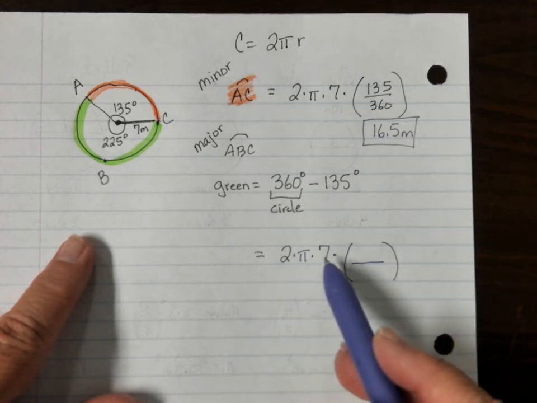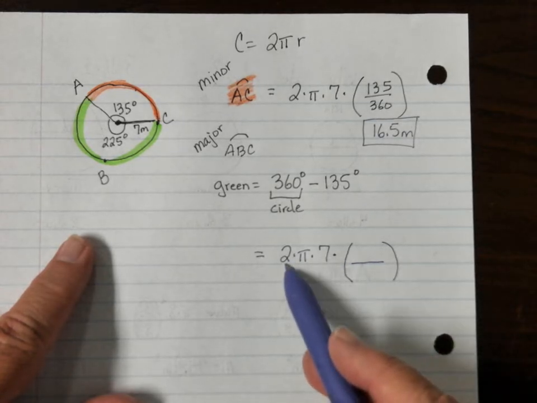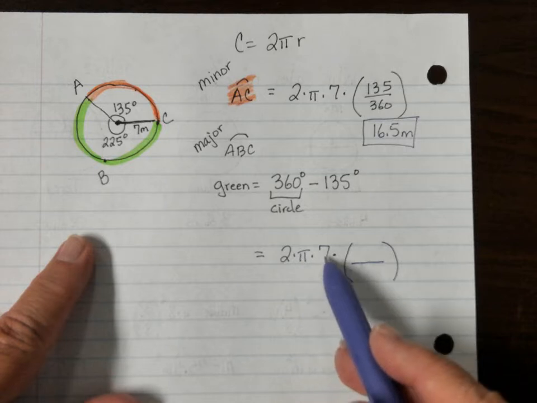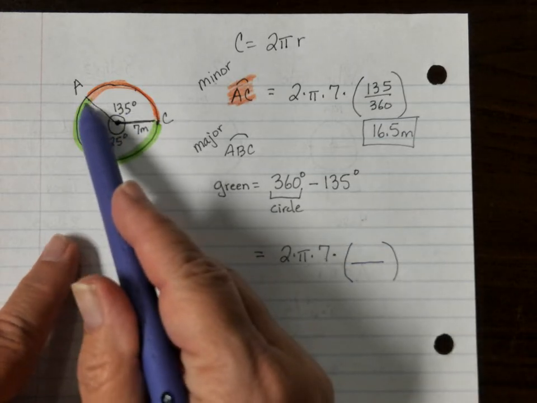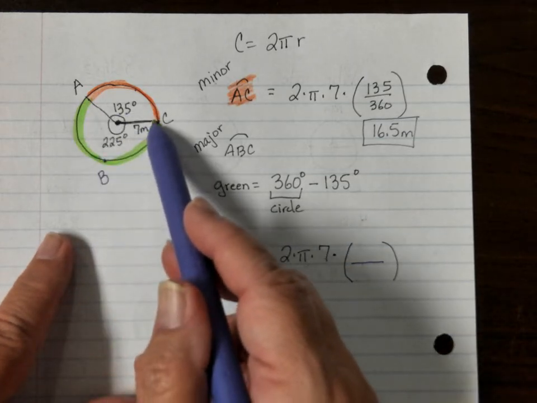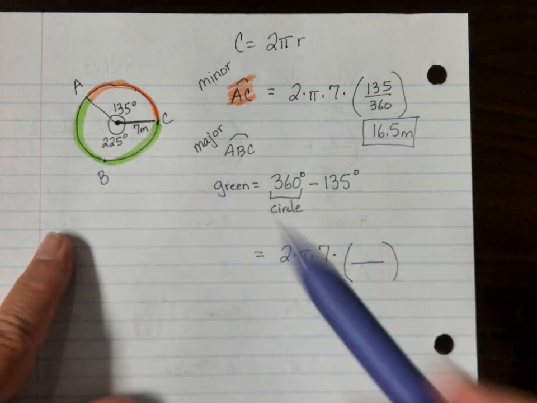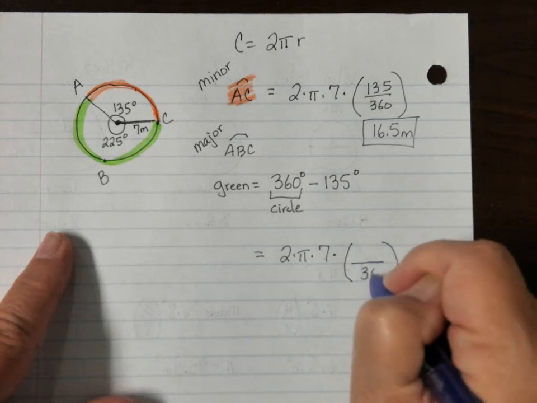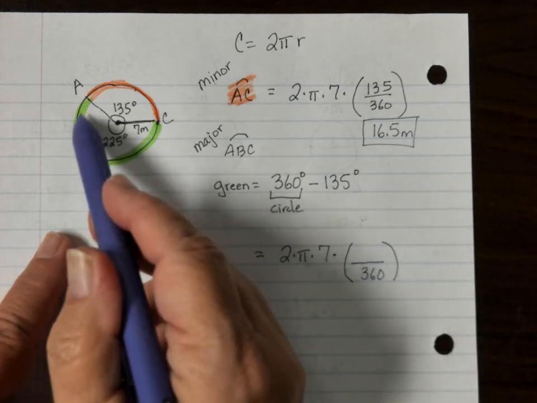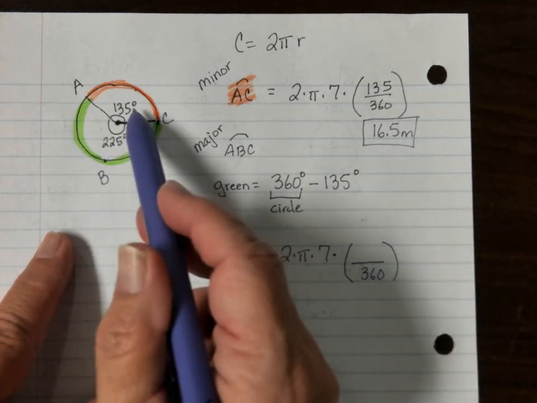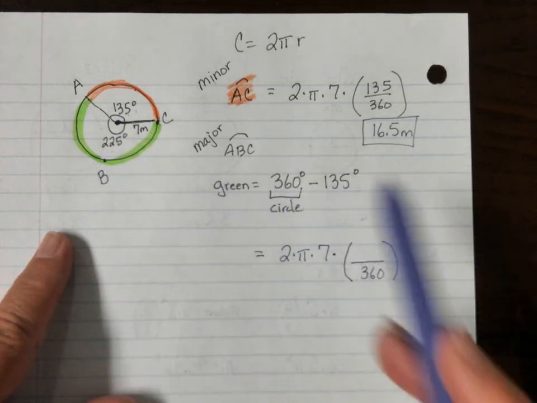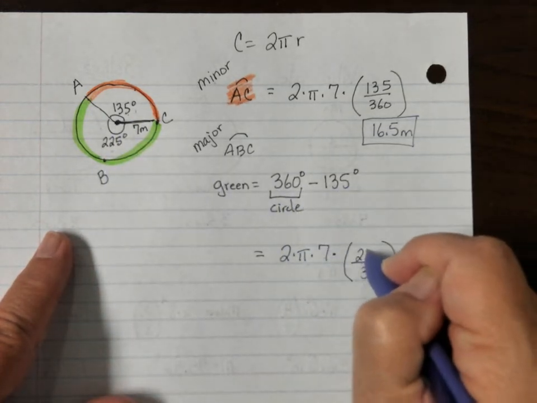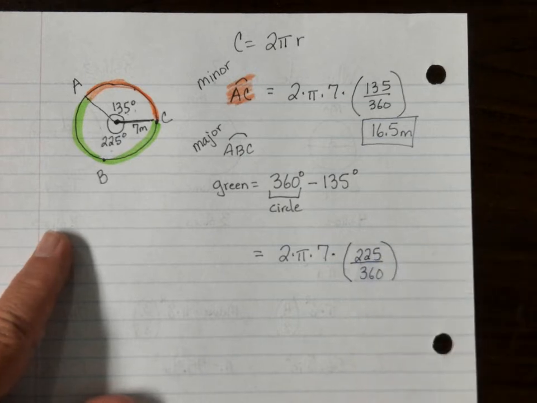Alright, we're going to start with our circumference, 2 pi r for radius, 7. And then we have to write a fraction for the green side. It's always going to be over 360. That's the easy part. And then this green one was 225. And you remember how we got that 225? We did 360 minus 135. And so that's going to be a 225 right there.